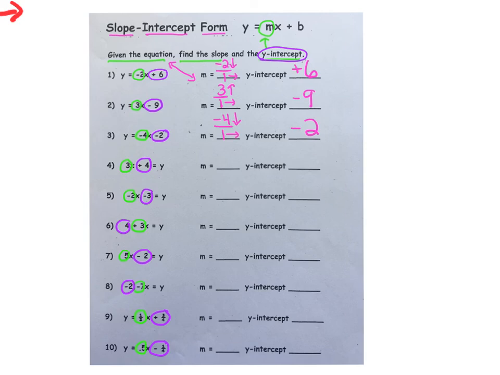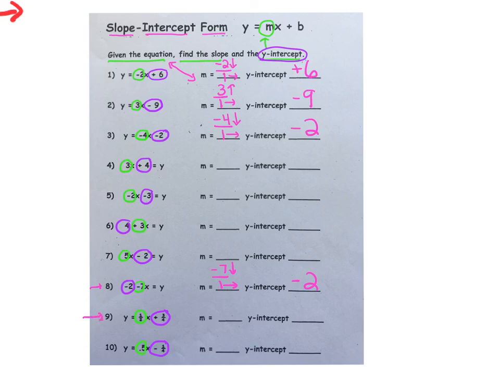How about problem 8? Your slope is negative 7, so negative 7 over 1. That would be down 7 over 1. That would be extremely steep. Your intercept, negative 2.